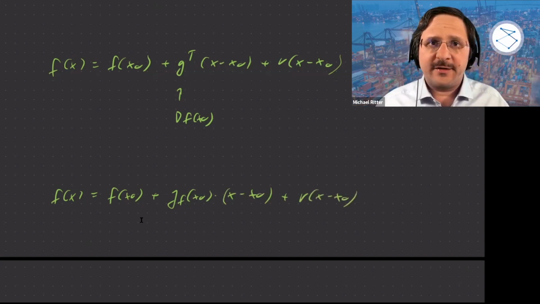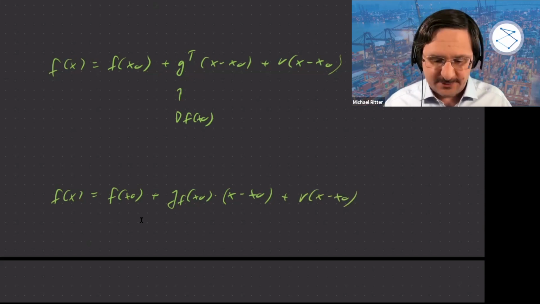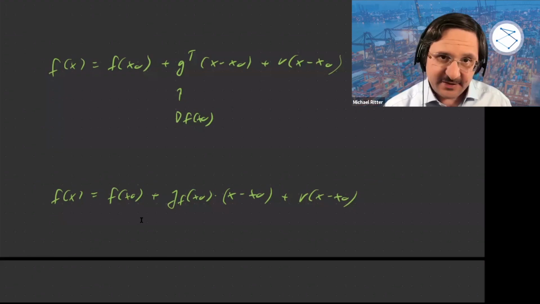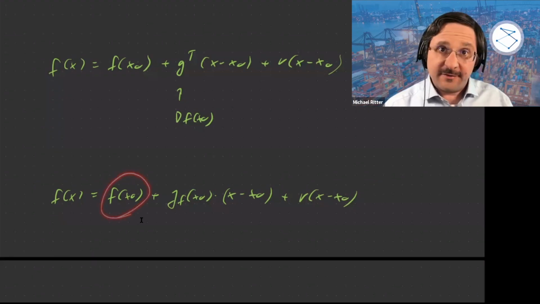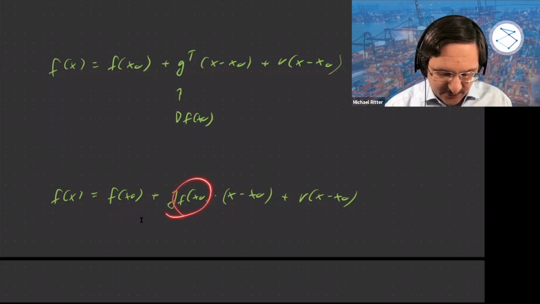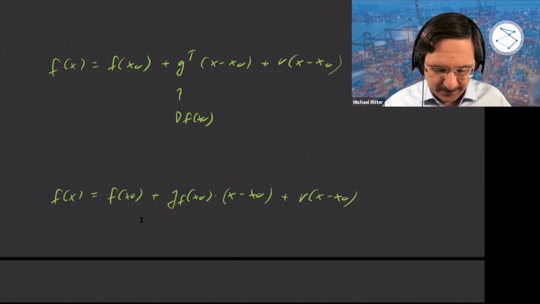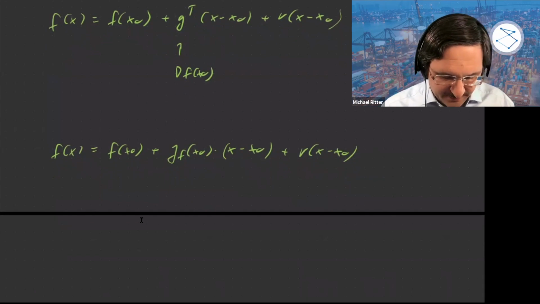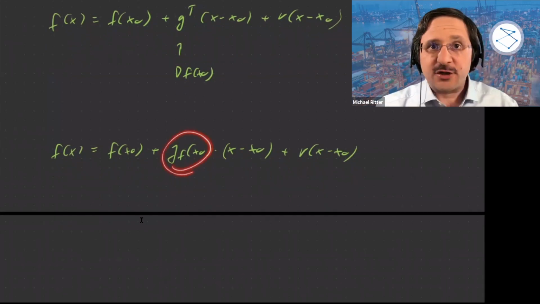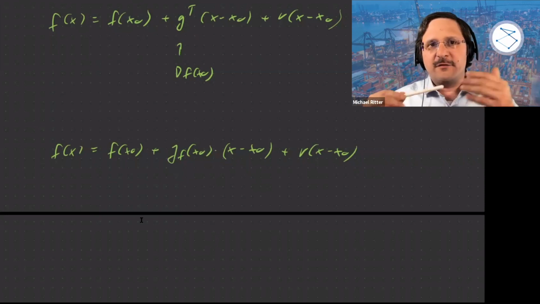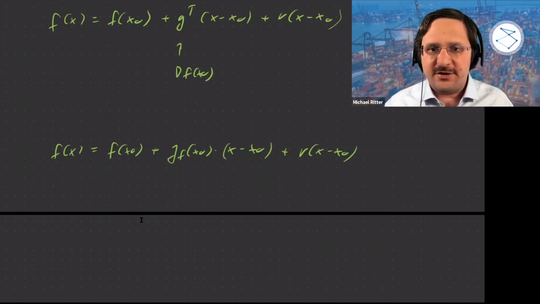So again, we want a linear approximation, and we get that by having a function that basically looks like this. We have some constant vector this time, plus matrix times a vector. So that's the linear part of that approximation. And that matrix here that does the job, that's called the Jacobian. And again, we can establish that this can only consist of the partial derivatives if it actually exists.